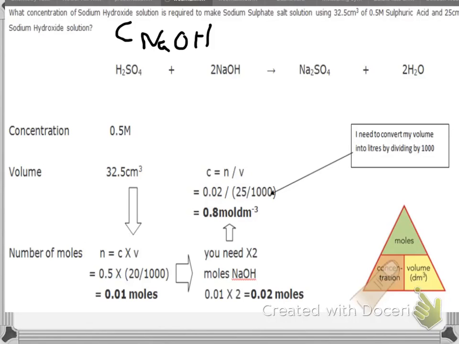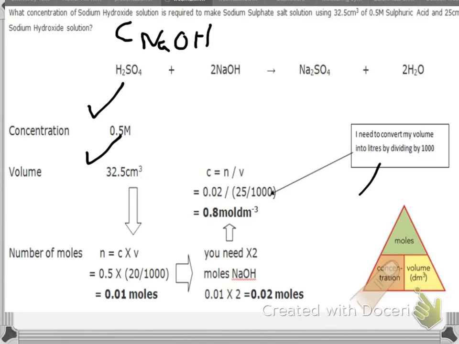Okay, so my first thing is I know my concentration of sulfuric acid. I've also got my volume of sulfuric acid, so I can calculate the number of moles of sulfuric acid that I'm actually using. Okay, and then I get a value of 0.01 moles in this example.